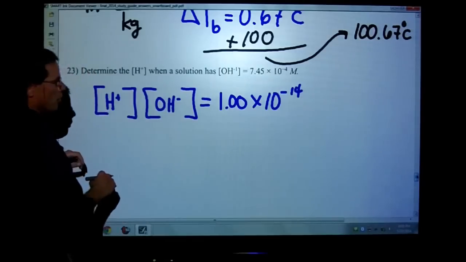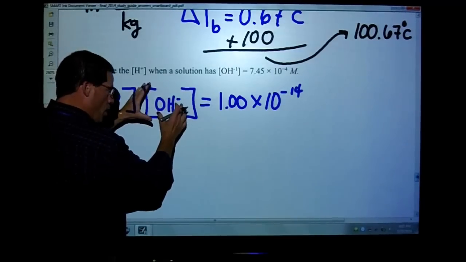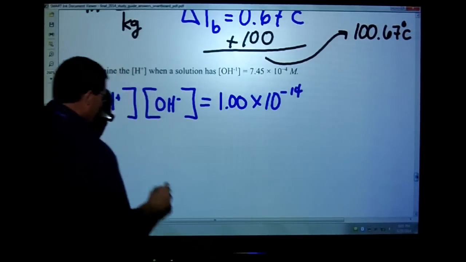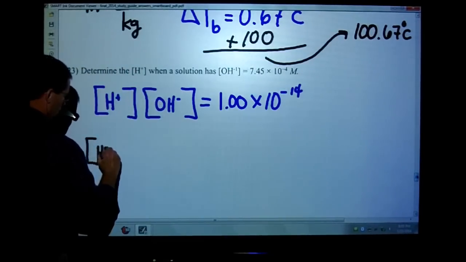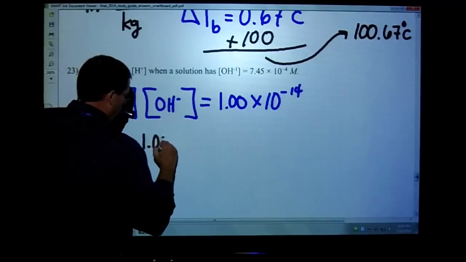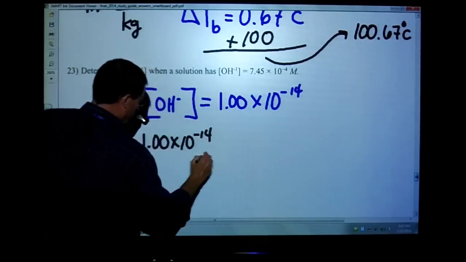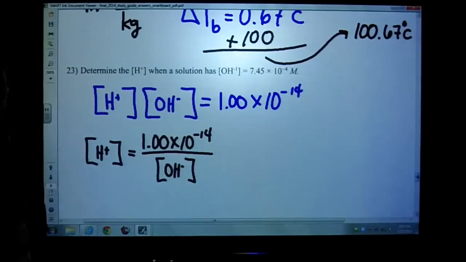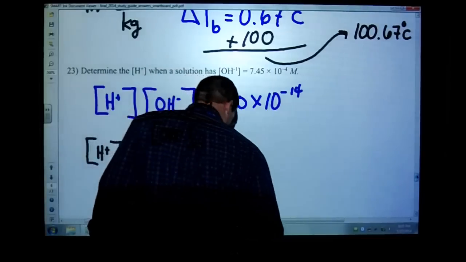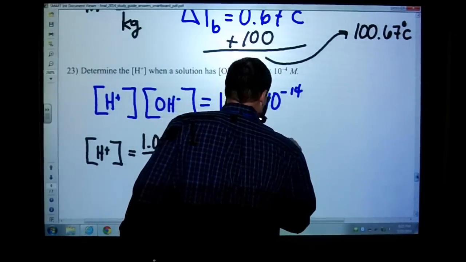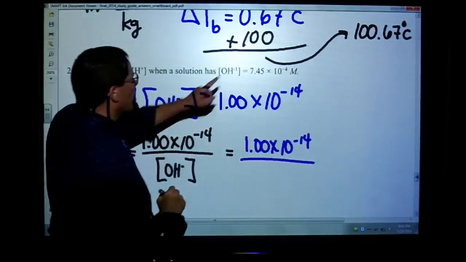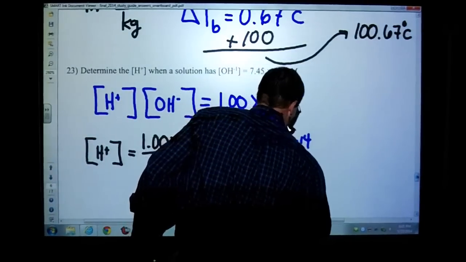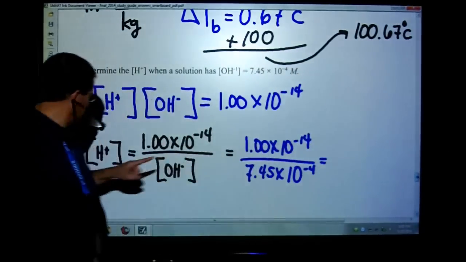So in this case, what we're going to do is move what we know, the hydroxide, and divide it on both sides. So now our new equation looks like this, where the hydrogen concentration is equal to 1.00 times 10 to the negative 14, divided by the concentration that is given, 7.45 times 10 to the negative 4, and that'll give me my concentration for my hydrogen.